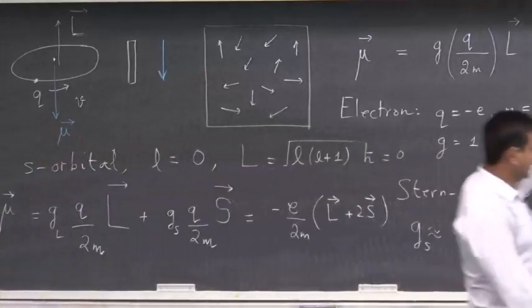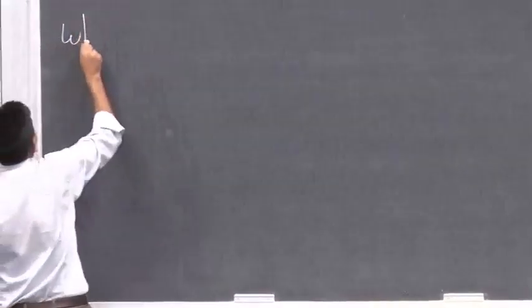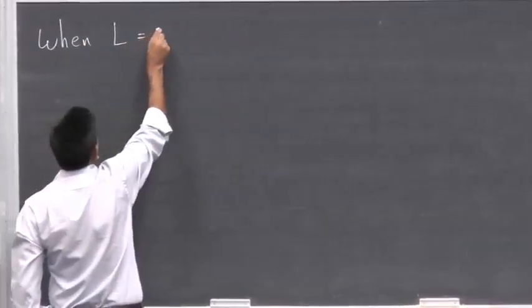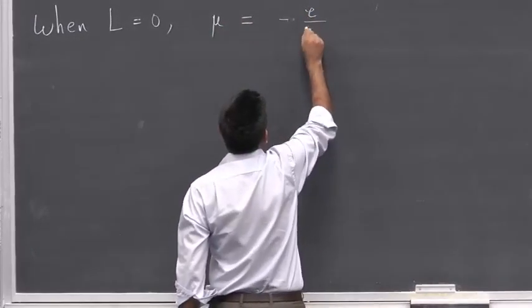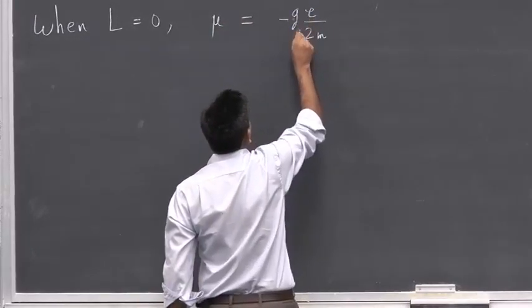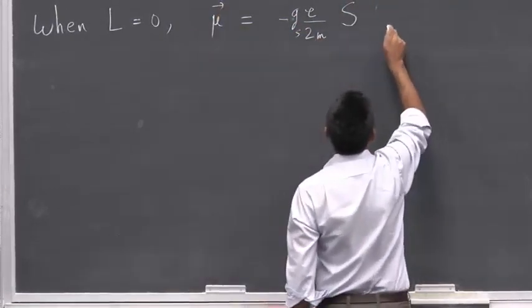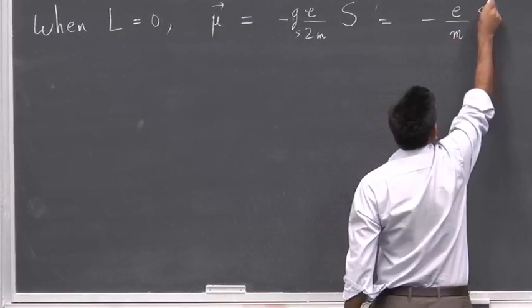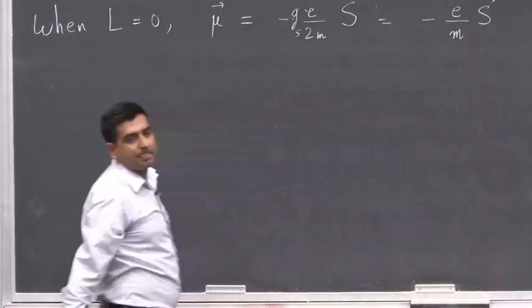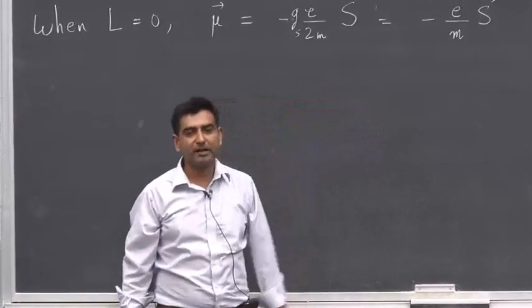So when L equals 0, the magnetic moment of an electron is minus e over 2m times g_S times S. This is a vector. And this turns out to be minus e over m times S. So there's a proportionality between the magnetic moment and the spin if the orbital angular momentum is 0.